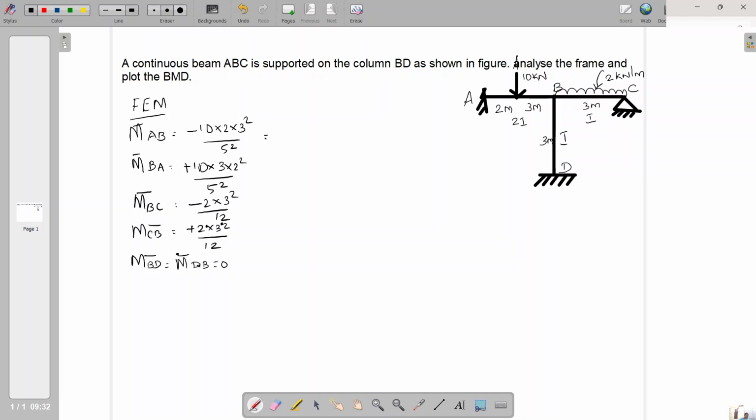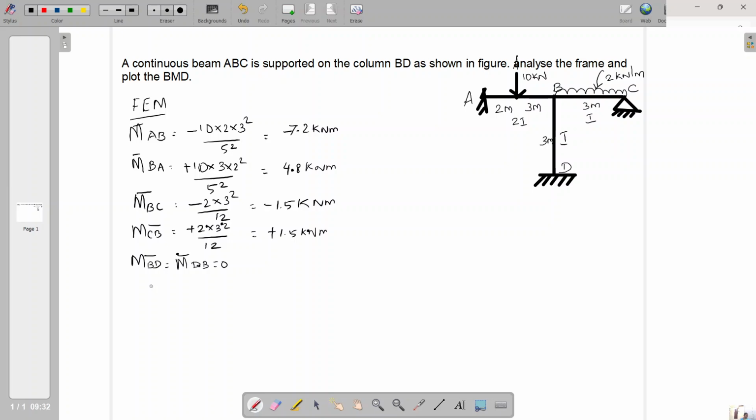So let us calculate these values as minus 7.2 kilonewton meter, 4.8 kilonewton meter, minus 1.5 kilonewton meter, plus 1.5 kilonewton meter.